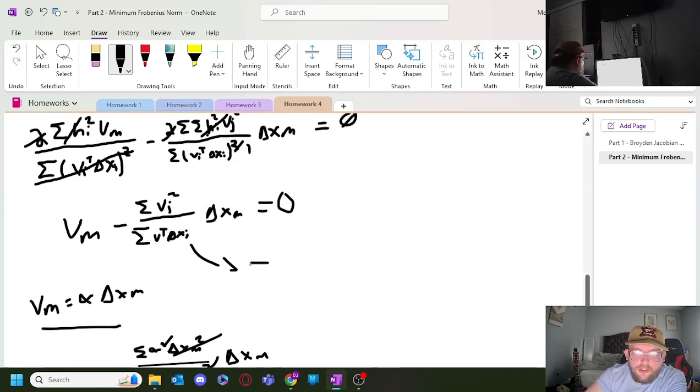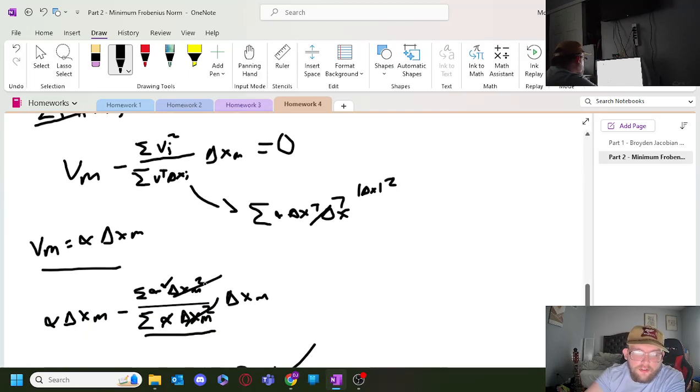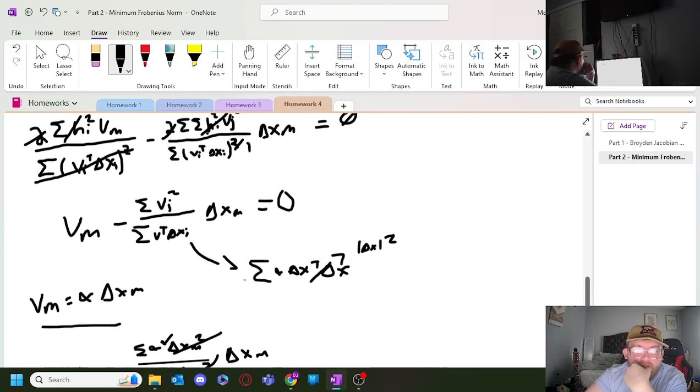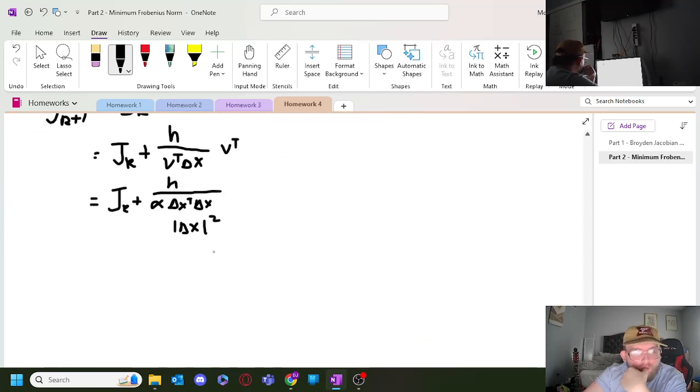So this is actually alpha delta x transposed delta x. Now, of course, this still goes to delta x squared, so that will still cancel out. But the way I just wrote it down here is a little wrong. But back to here, alpha delta x transposed. So the alphas cancel out.